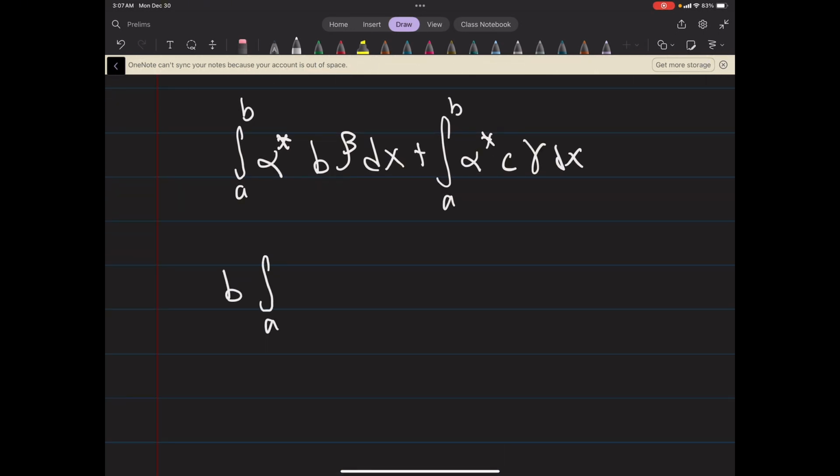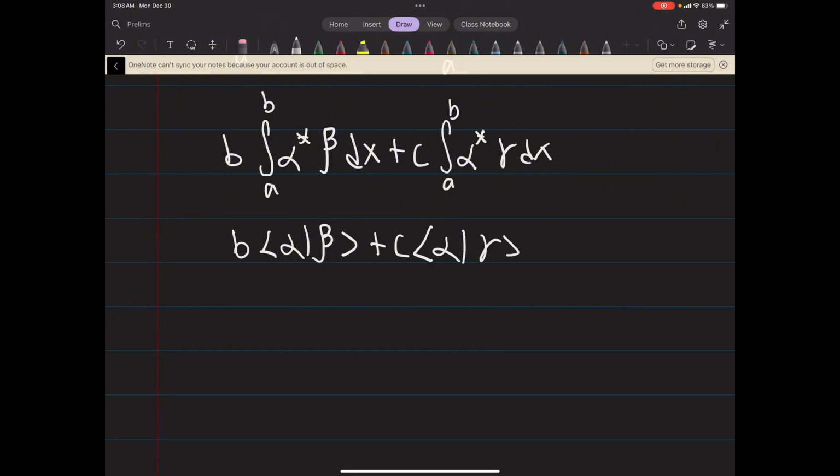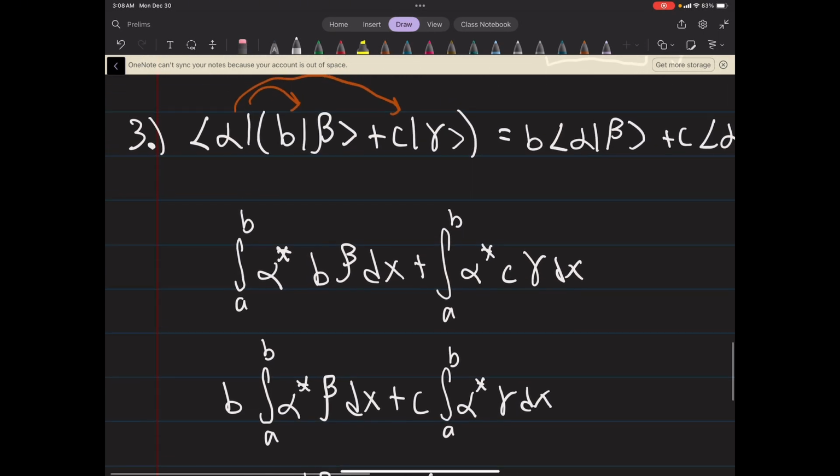That's why this makes sense. And these are the definitions of our inner product, right? So the reason why this really works, why we have this sort of linear property, is because the integral is linear. So the fact that this property holds really shouldn't be surprising.